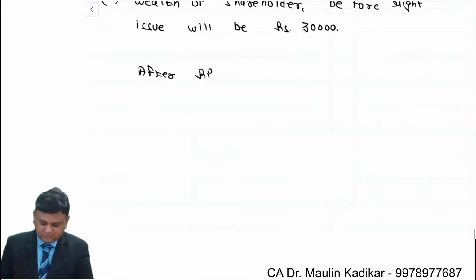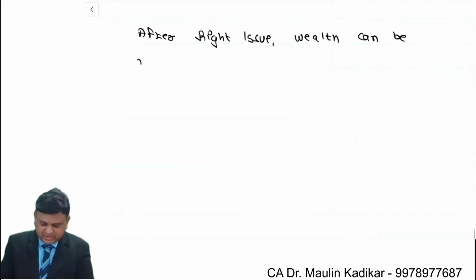After a right issue, comma, wealth can be measured as under.